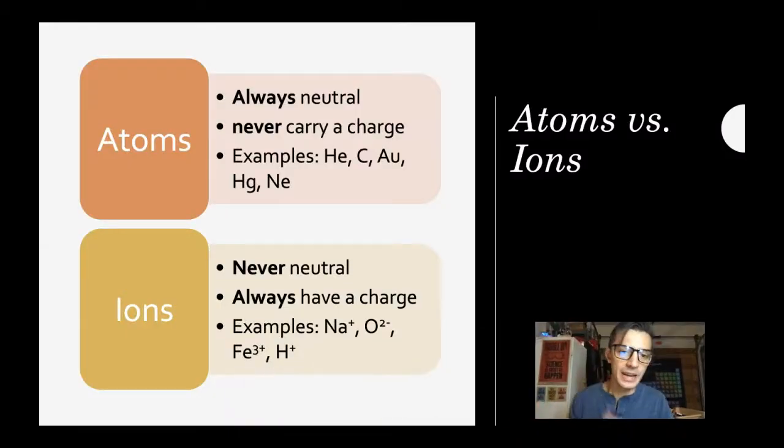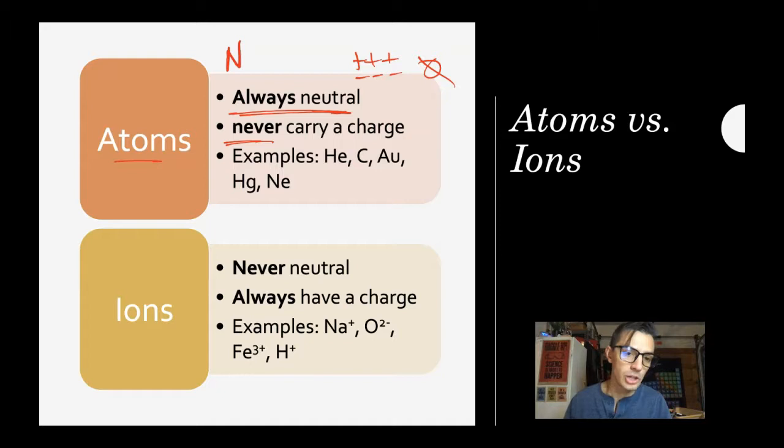The difference between an atom and an ion, as you may have picked up, is that atoms are always neutral. So their positive charges and their negative charges always add up to a net of 0. And that means that they never carry a charge. So when you see an atom written out, something like atomic nitrogen, it would just be written like this.